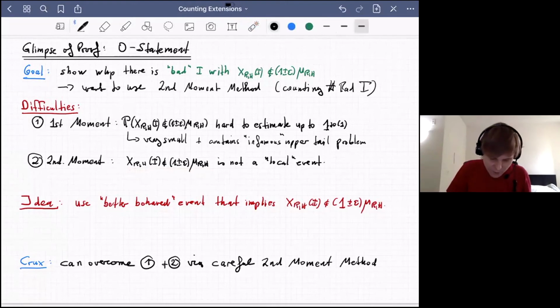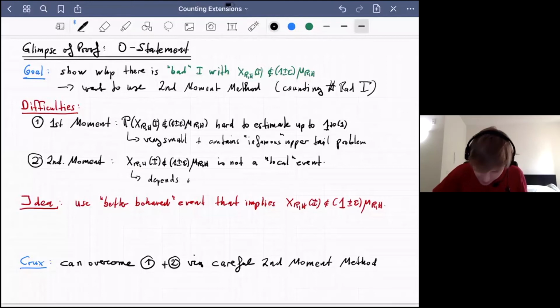So this is something just to keep in mind that one needs to be a little bit careful about, that it depends not just on a constant number of edges, but depends potentially on many edges of the graph. And so we need to be a little careful about that.